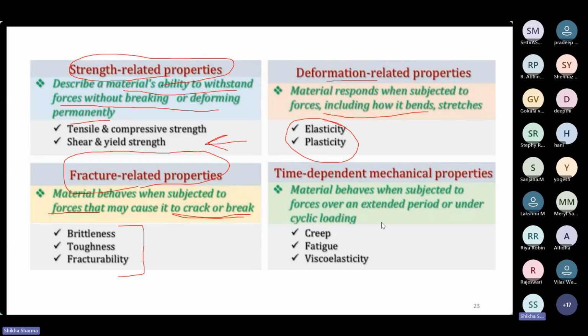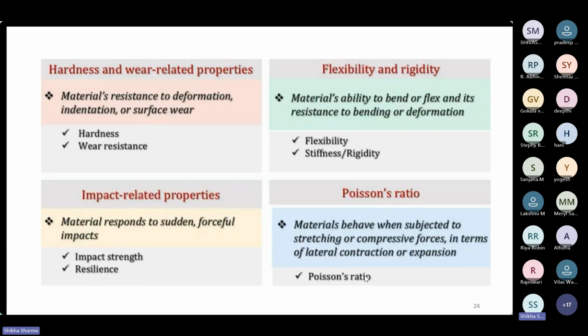There are also different time-dependent mechanical properties, which apply when force is applied over an extended period of time or with cyclic loading. These are creep, fatigue, and viscoelasticity.